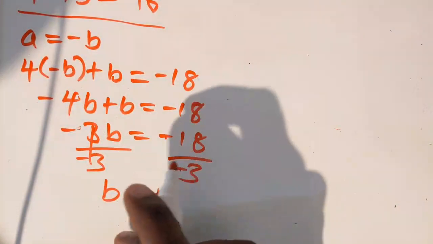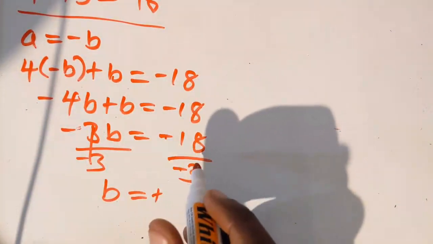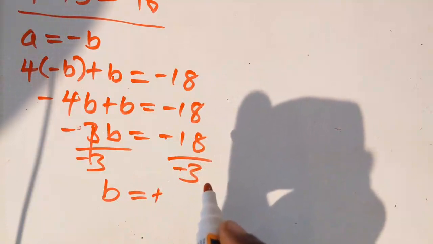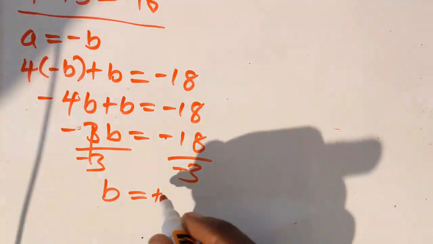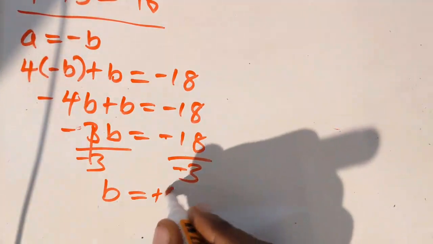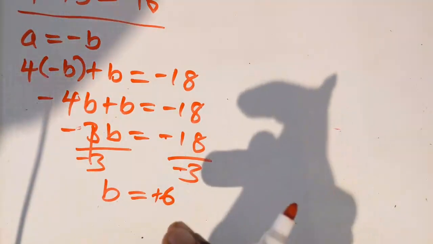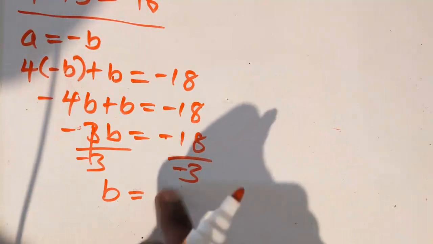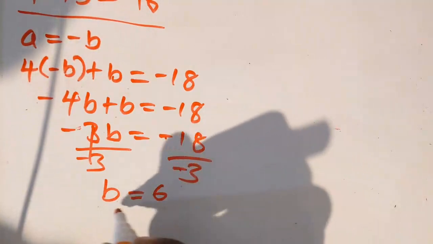So 18 divided by 3, what is 18 divided by 3? You'll find that it is actually 6, if I am not mistaken. So negative 18 divided by negative 3 is positive 6.